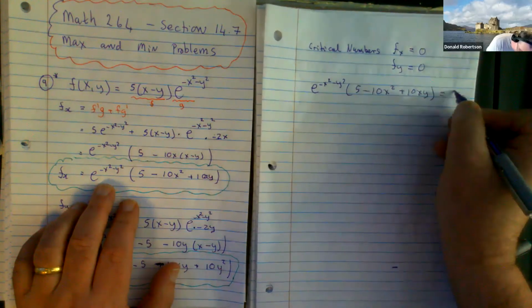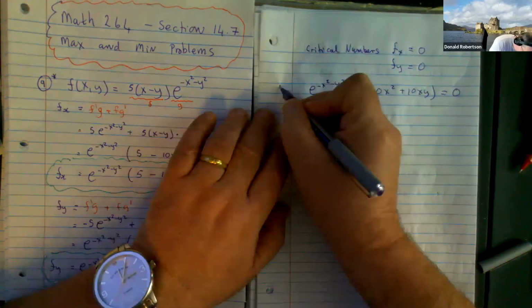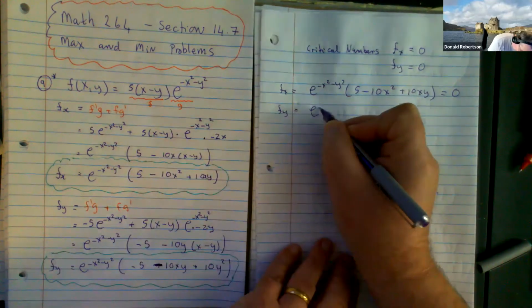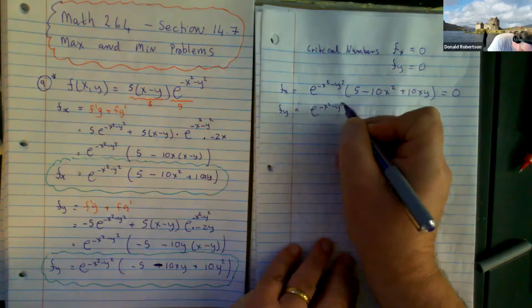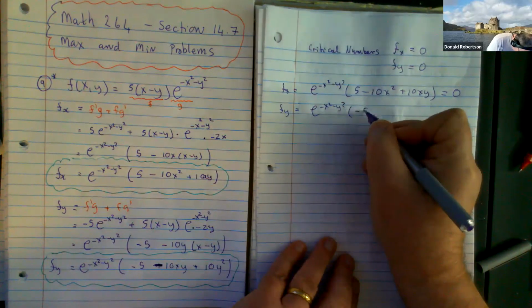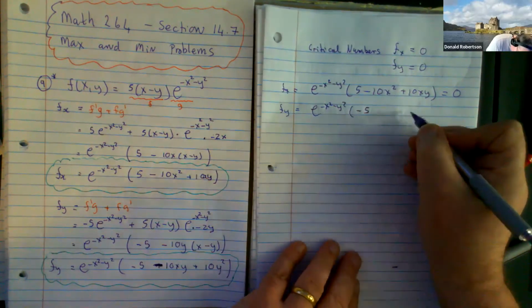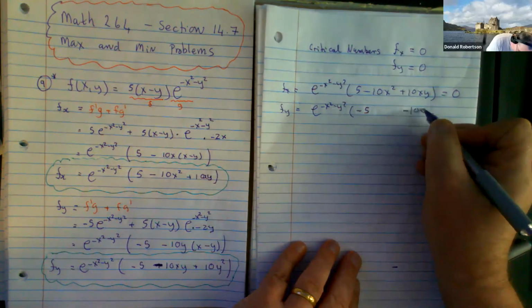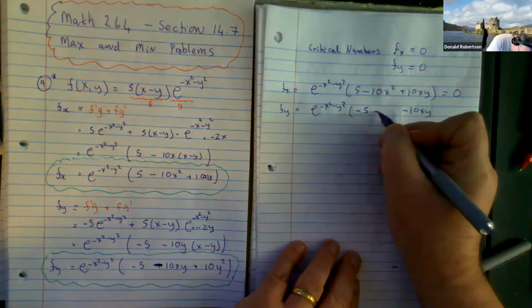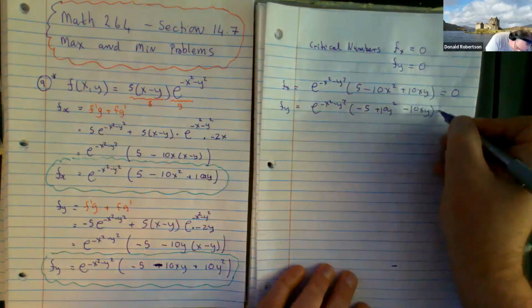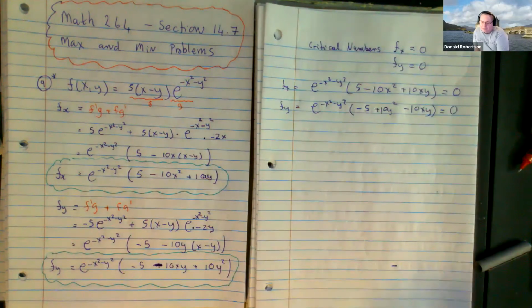And this has to be 0. That's basically that one. And if I write underneath it, we have this guy. And that's a negative 5, a negative 10xy and a plus 10y squared. And that has to equal 0. So far, so good.